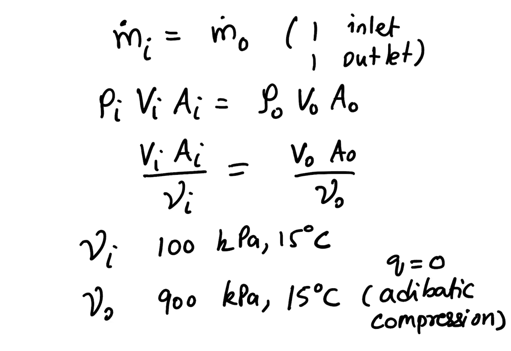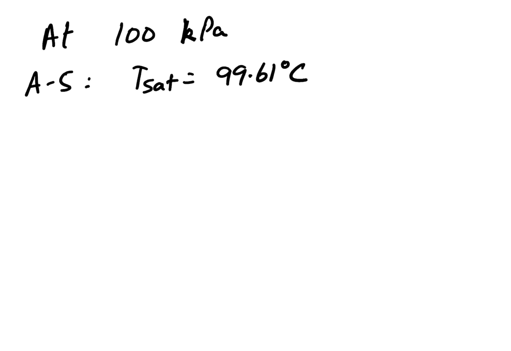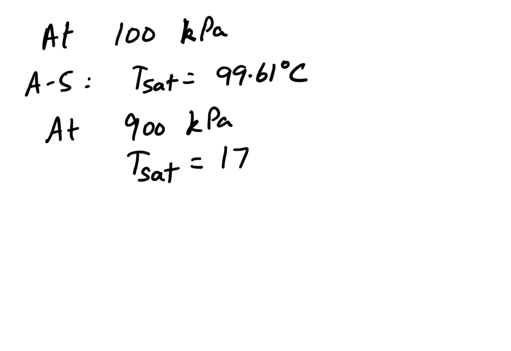So using these pressure and temperature values, you need to look up the properties of water at 100 kilopascal and at 900 kPa. If you look at table A5, you get that the saturation temperature Tsat at 100 kPa is 99.61 degrees Celsius, and at 900 kPa the saturation temperature is 175.35 degrees Celsius.